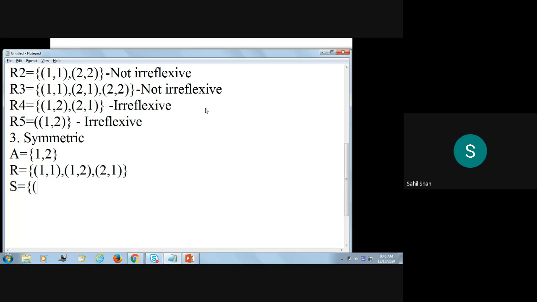So let us say R, S, T, these are the three relations. You have to tell me out of these R, S, T, which are symmetric. What do you mean by symmetric? If we are having pair A comma B in the relation R, I must have a pair B comma A in relation R. That is symmetric.